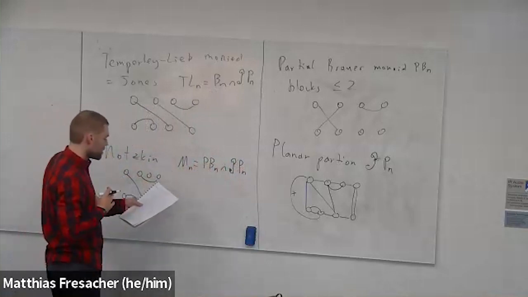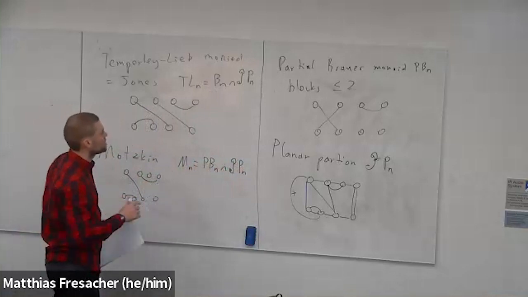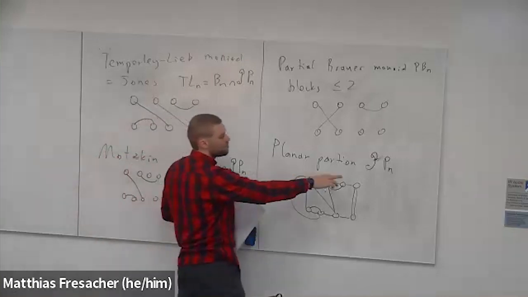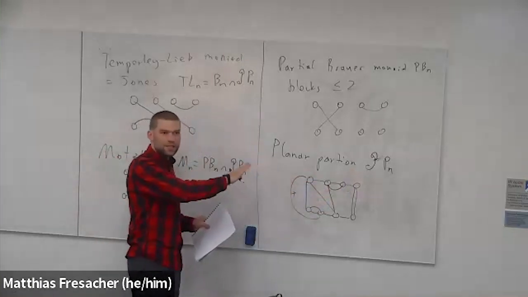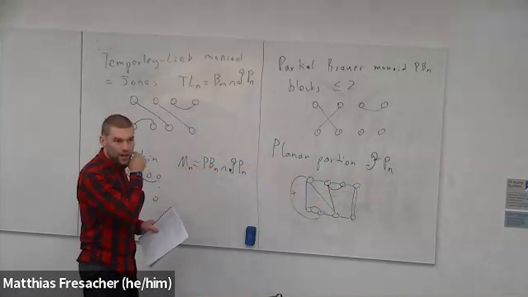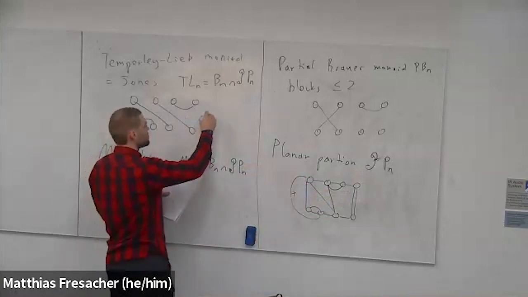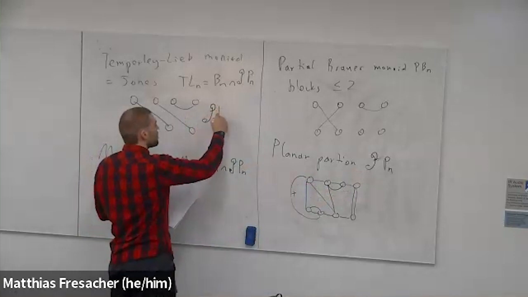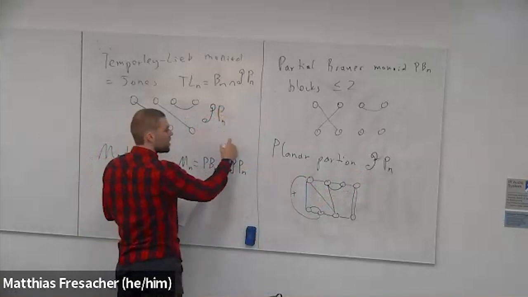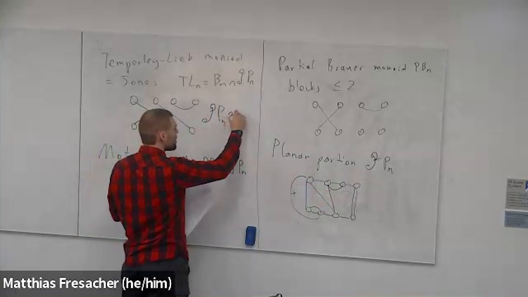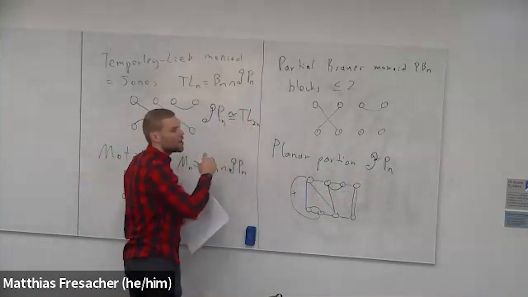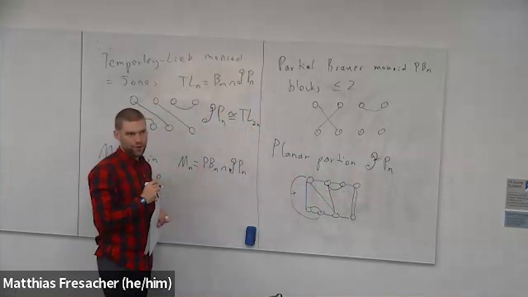An interesting thing to note here is our Temperley-Lieb and our planar partition. We can already see they're fairly closely related. In fact, the planar partition monoid is isomorphic to the Temperley-Lieb monoid, but using twice as many vertices.